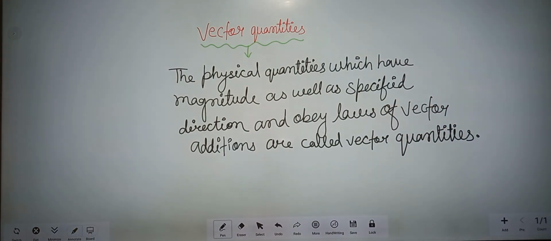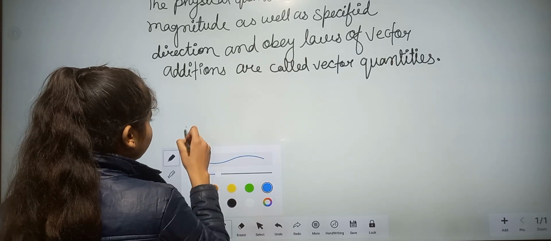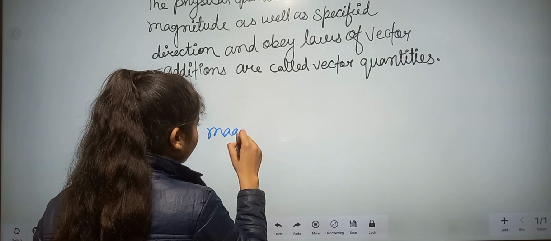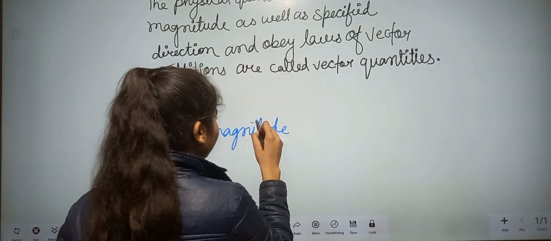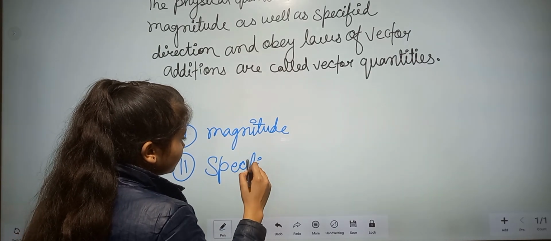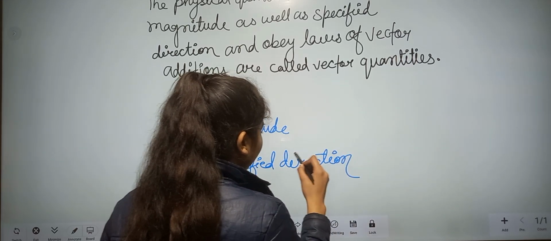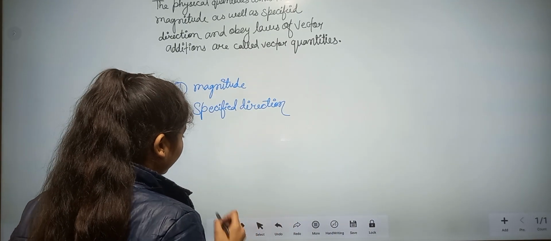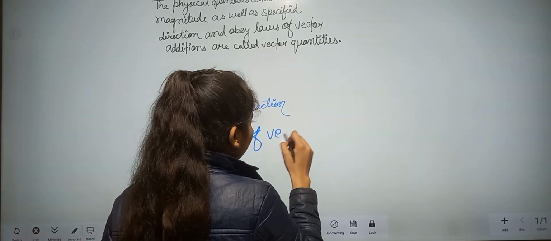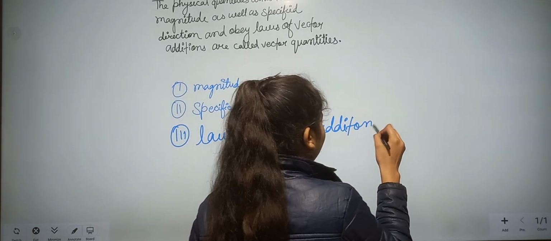So in a vector we have magnitude, second is specified direction, and third we have laws of vector addition.